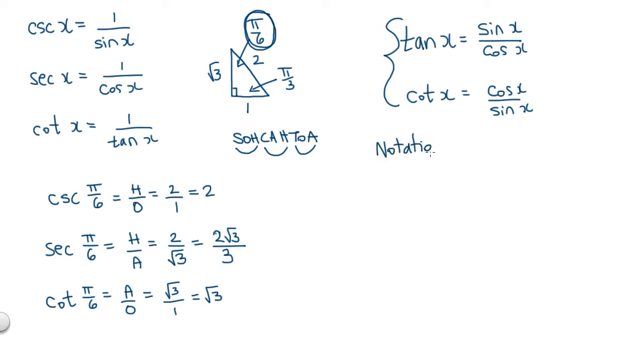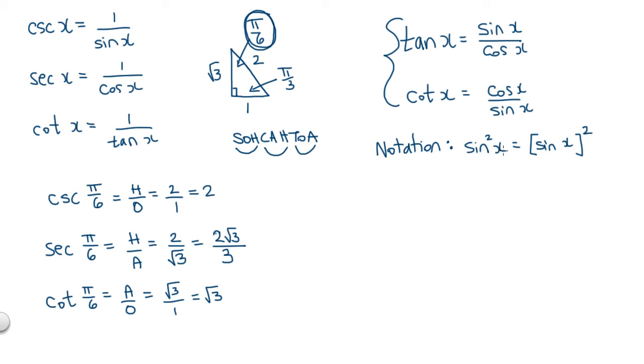Now, when working with trig functions, there's a little bit of notation that's important. Often we'll write things like sine squared x, and this is a little bit of shorthand. What it actually means is figure out the value of sine x and then square that value. So it's very important that we're interpreting this correctly.